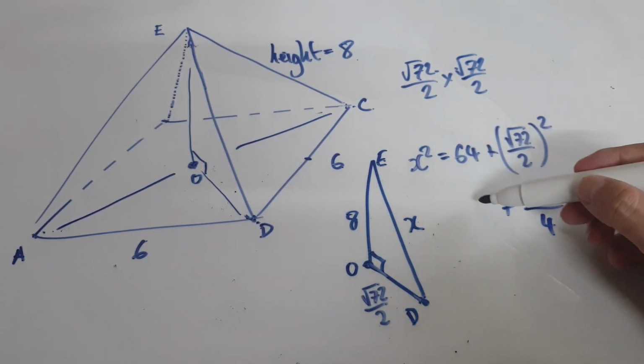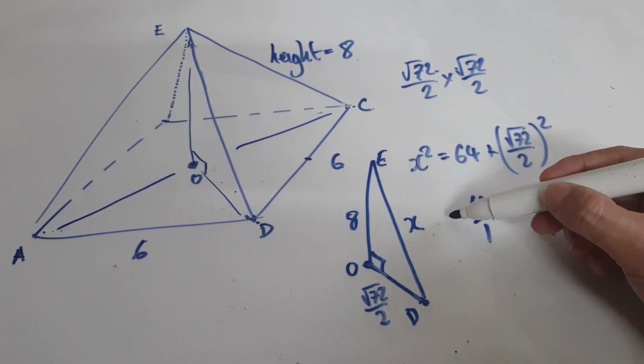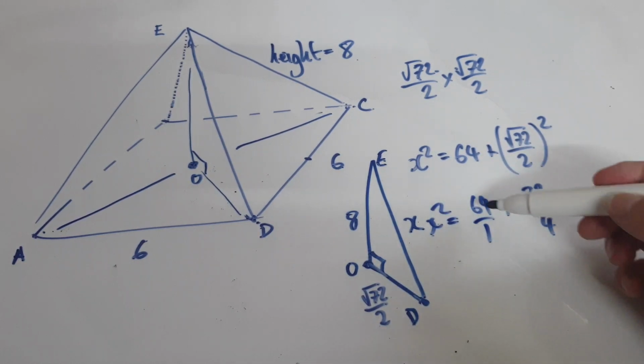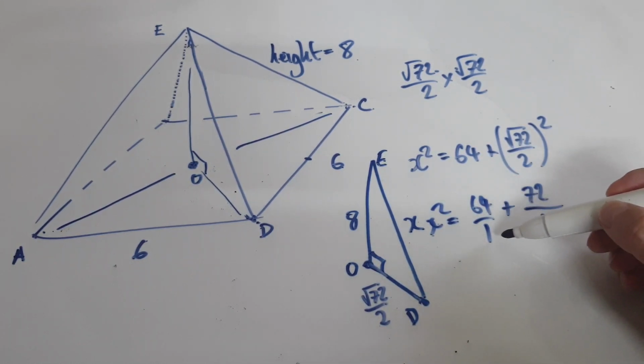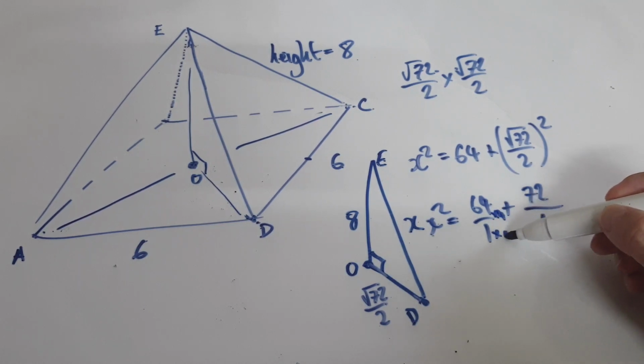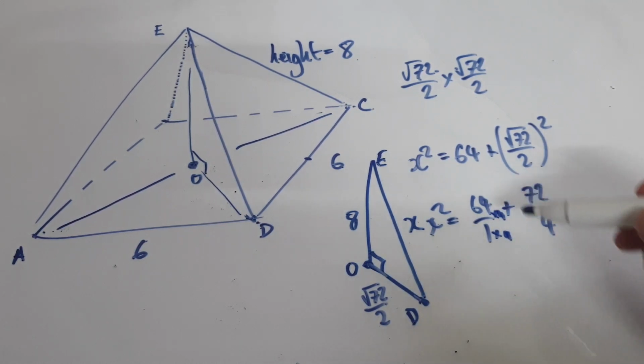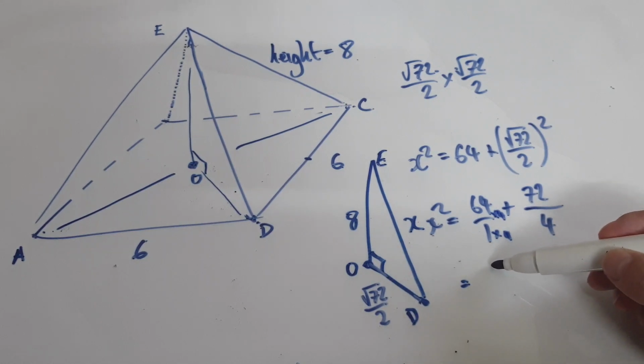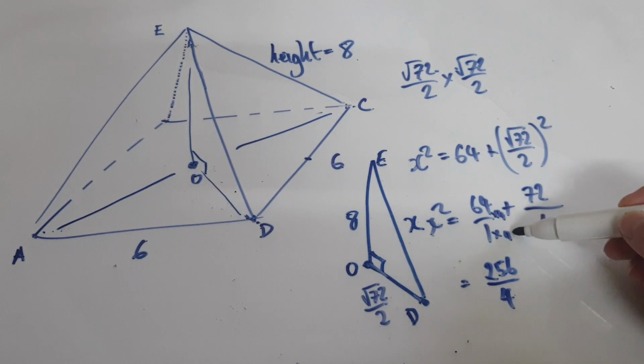So I'm going to visualize 64 as 64 over 1. In order for me to add the two fractions, I have to get the two denominators to be the same. So I'm going to times top and bottom here by 4. 64 times 4, I worked it out on a calculator earlier, and it was this. And then bottom times 1 times 4 would be 4.